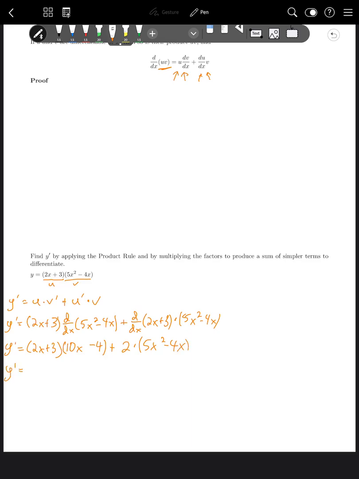So this will be 20x squared plus 22x minus 12 plus 10x squared minus 8x. Combine like terms, and you get 30x squared plus 14x minus 12.